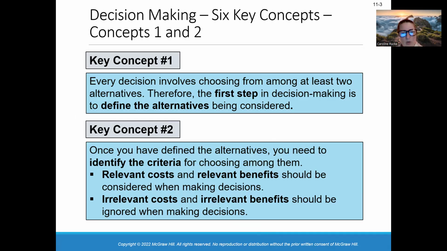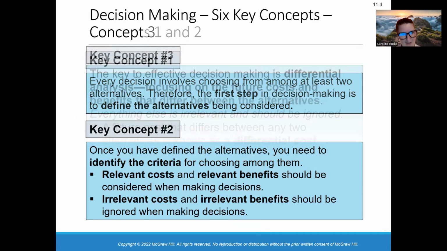Next up, we need to decide what our criteria is. What are we using to make this decision? What are our relevant costs and relevant benefits? And which costs are irrelevant, because we should not be considering those. Remember those sunk costs, which sometimes make us irrational in our decision making.